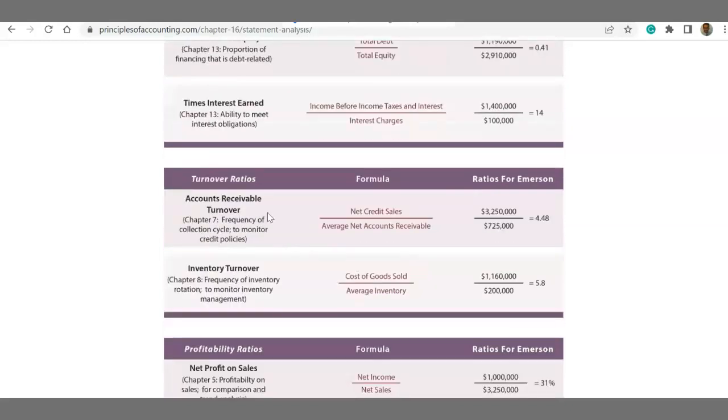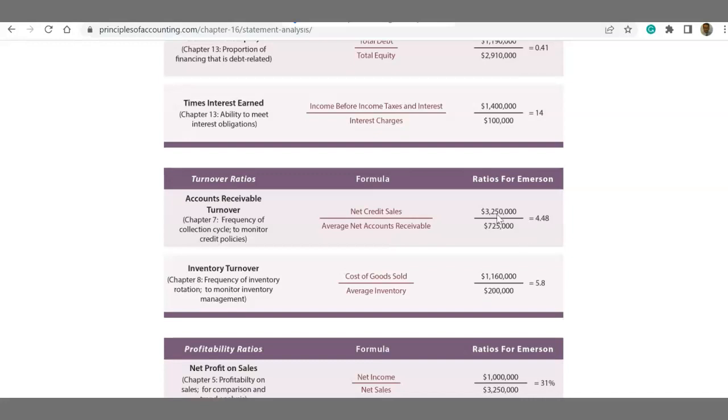Turnover ratio, this is more like management efficiency, and also you can consider it as a liquidity ratio, because here it will explain how many times your accounts receivable has been turned over. That means collected completely, and you sold again, and you collect again, and then you sold again, and then you collect again. Like in this company, the turnover ratio is 4.48 times during the year.